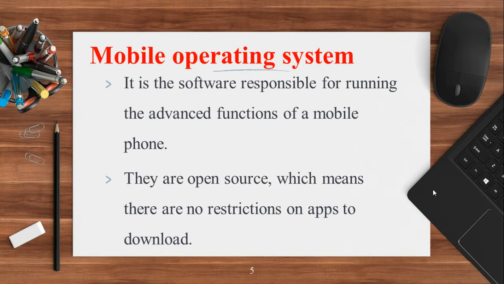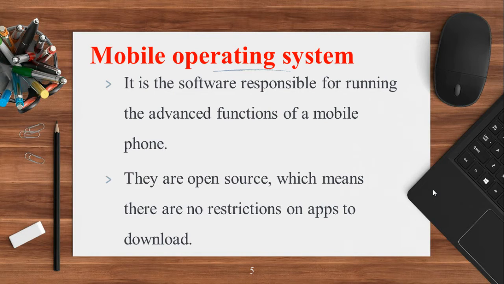So those softwares we call mobile operating system. You know already operating system is an interface between user and hardware. We used to say computer hardware, right? So likewise, even in mobile phones, there are operating systems which help you to access the applications.